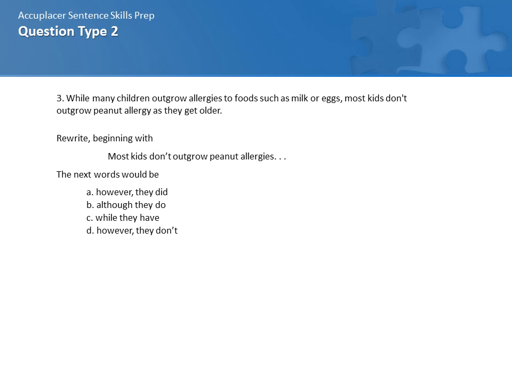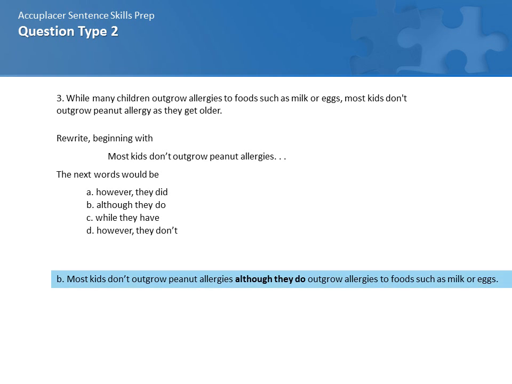Of the 4 choices we're given, A, however they did, B, although they do, C, while they have, and D, however they don't, B, although they do, is the best option.